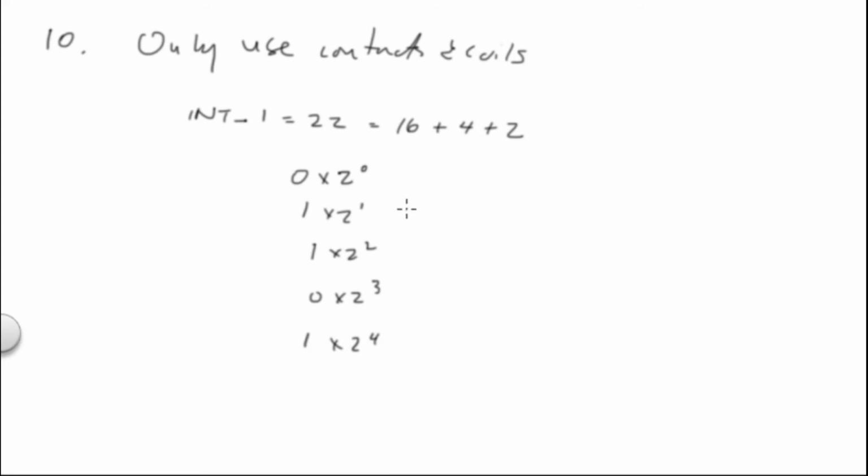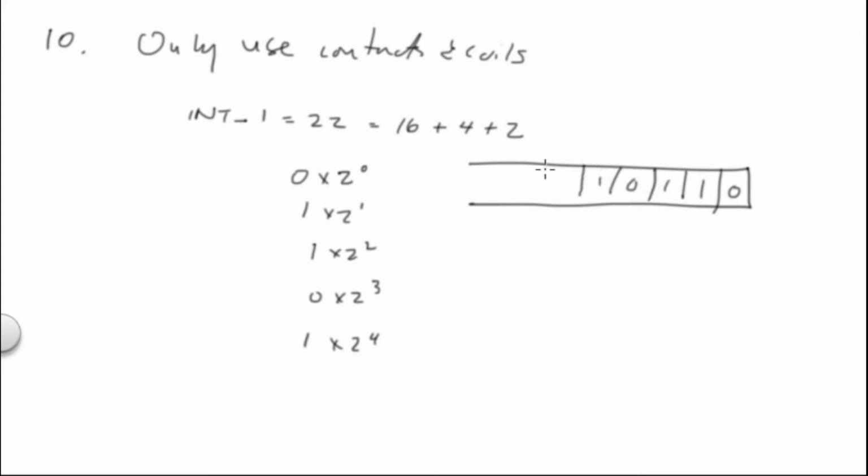So if I had these bits on in this word, bit 0 is a 0, bit 1 is a 1, bit 2 is a 1, bit 3 is a 0, bit 4 is a 1, and the rest of them are zeros, I could express that.